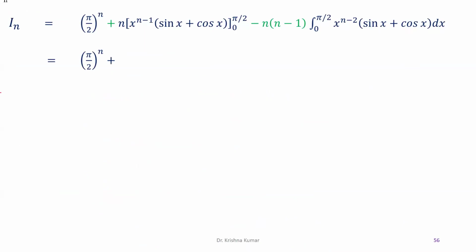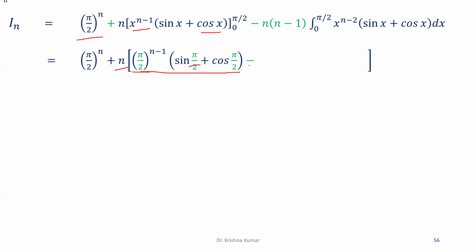Let us again substitute the limit. The first part is (pi by 2)^n, plus n (pi by 2)^(n minus 1) (sin pi by 2 plus cos pi by 2). This is upper limit minus lower limit, which is 0 to the power n minus 1, and then sin 0 plus cos 0, minus n into (n minus 1), and this is nothing but, in place of n, it is n minus 2.